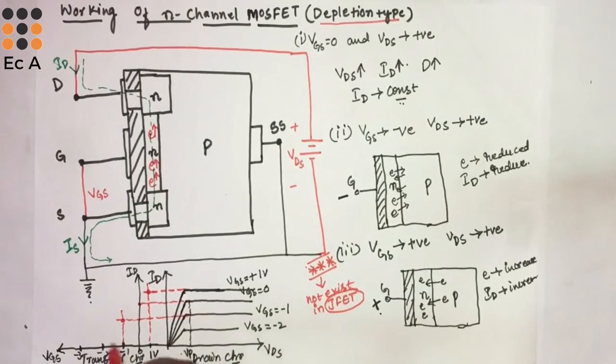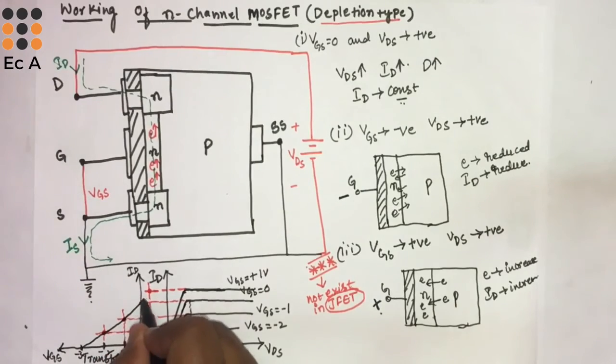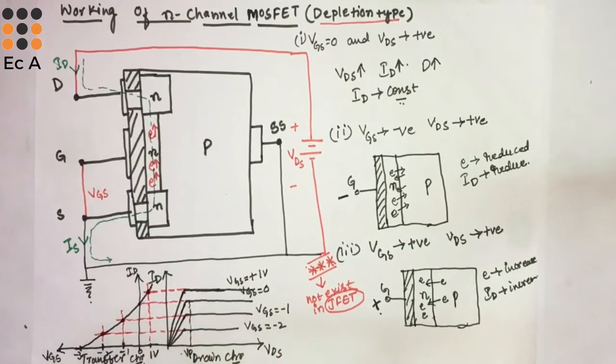And for VGS equal to -2, draw the vertical line as well as the horizontal line at -2. We'll get one more point, and for 3 we have got current as 0. Let us join all these points and we'll get a curve which is exponentially growing.